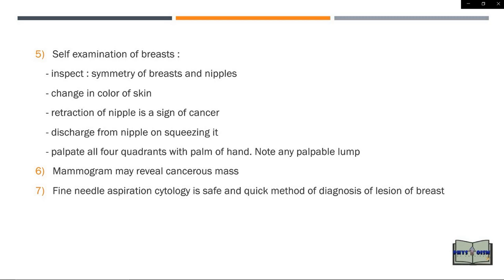So it is a quick method of diagnosis of lesions of the breast. Okay, so it helps in studying breast cancer if it is there in your body. So these are the clinical anatomy.